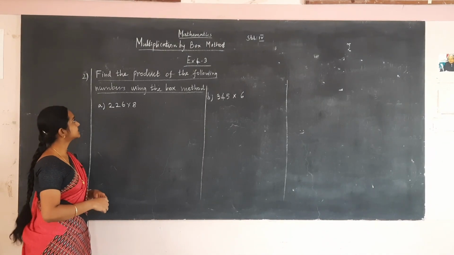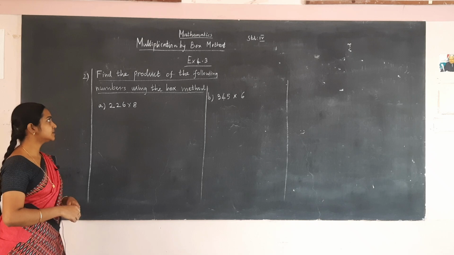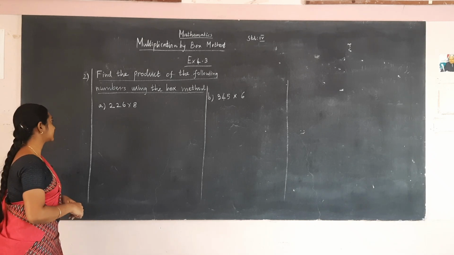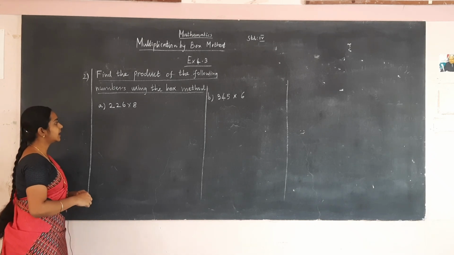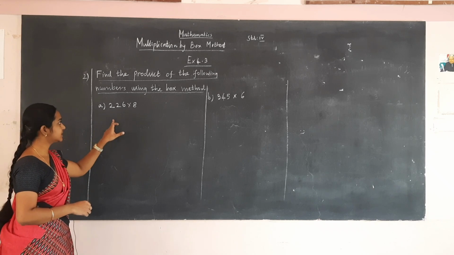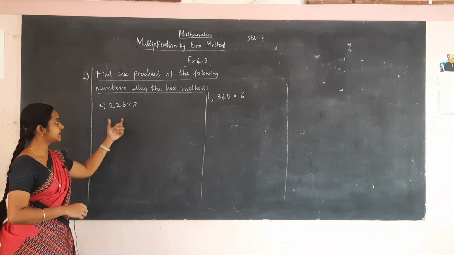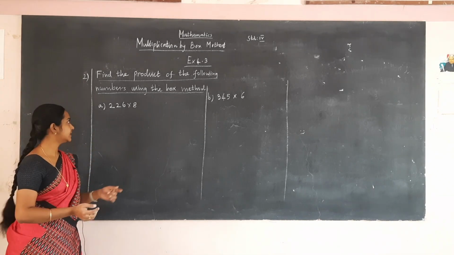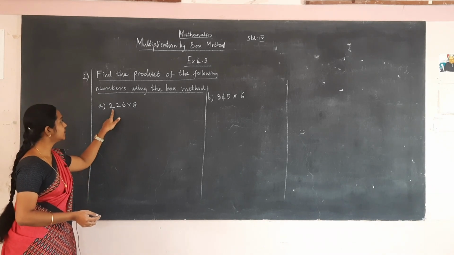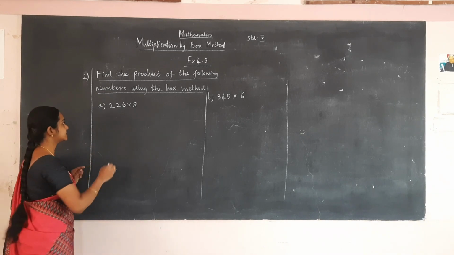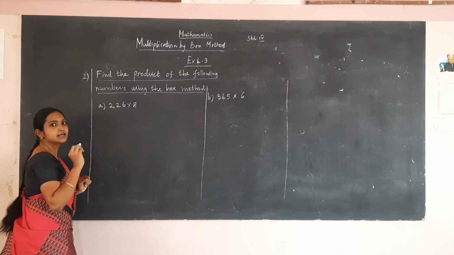The second question is, find the product of the following numbers using the box method. For box method, we have to put this box and write the numbers in the expanded form and multiply the numbers. First we are going to multiply 226 and 8. 226 has 3 numbers.